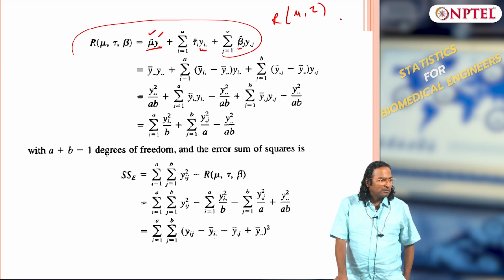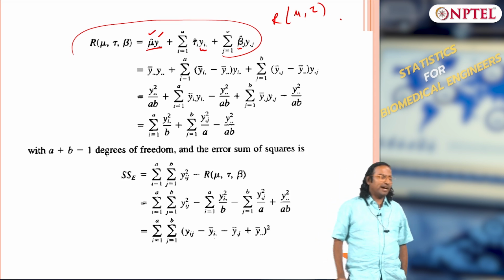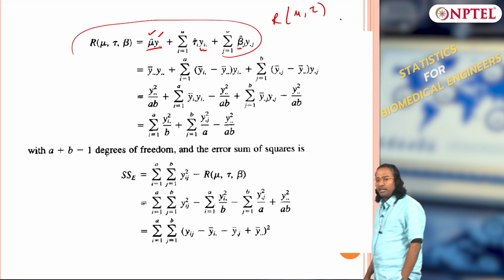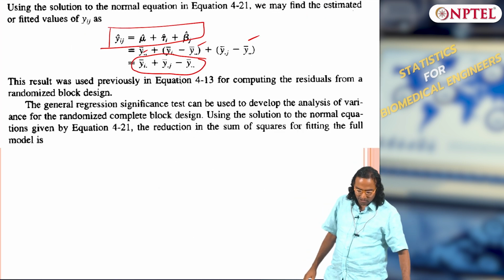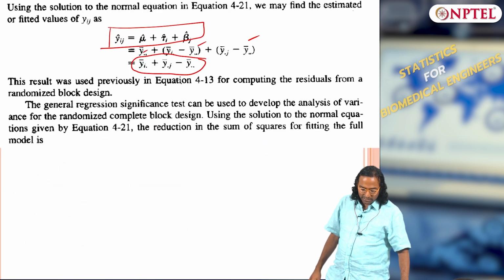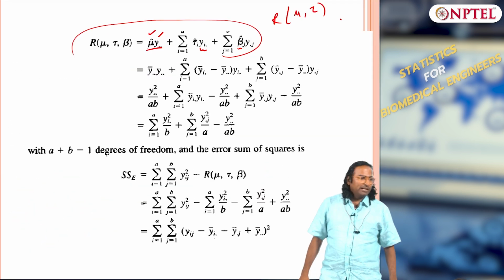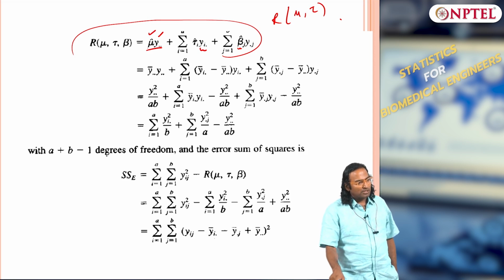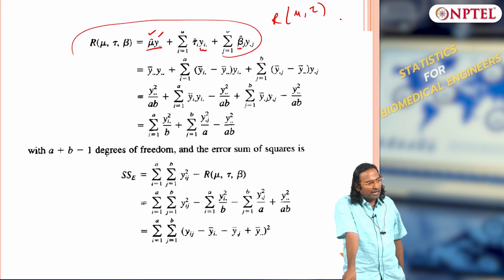Mu hat, tau i hat, beta j hat are the estimates. The right hand side of the equation for mu hat is y dot dot, the right hand side of the equation for tau i hat is y i dot, and the right hand side for beta blocks is y dot j. That is what I am multiplying. So this gives the overall variability in the data explained by fitting the model.